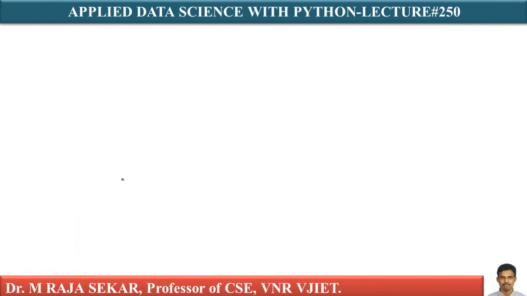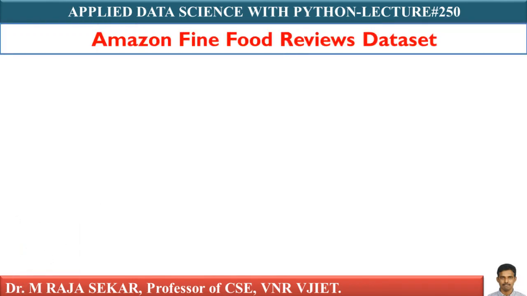In this lecture, we will try to understand an important data set known as the Amazon Fine Food Reviews dataset. If you recall our previous lectures, please refer to lecture number 206, in which I discussed the iris flower data set.